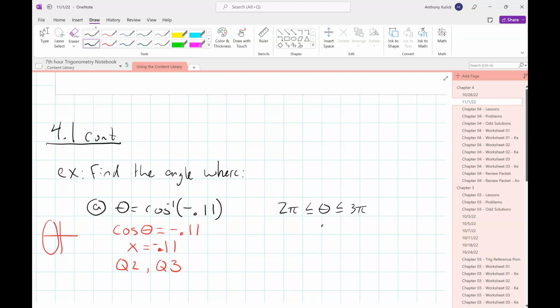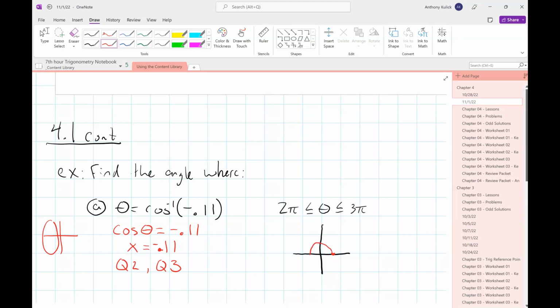Now I'm going to go to the interval in which my answer needs to lie. I always start drawing my angle on the positive x-axis. And because my angles are both positive, 2 pi to 3 pi, I know I'm going to be rotating counterclockwise. So each quadrant is a half a pi.